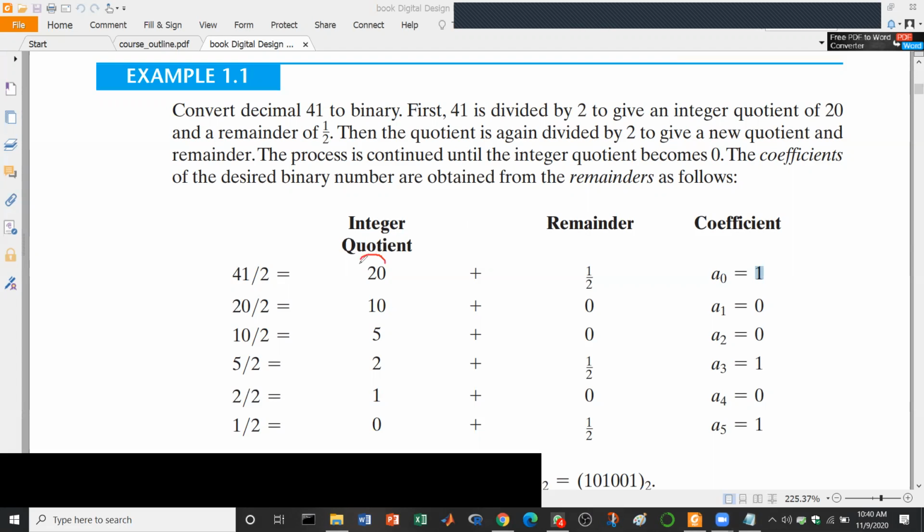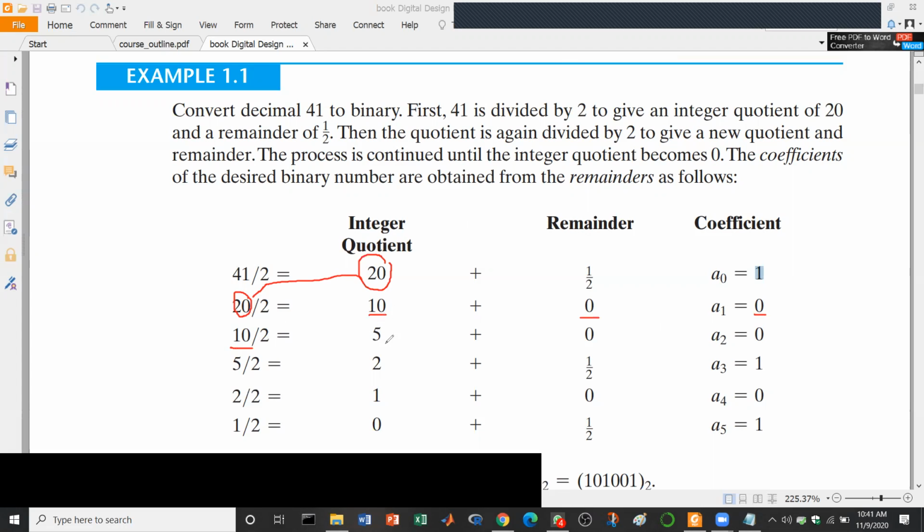So this 20 will come here and we again divide it, and this time we get 0, so we write 0 here. Similarly, we go on. Then we take 10 here and divide by 2.